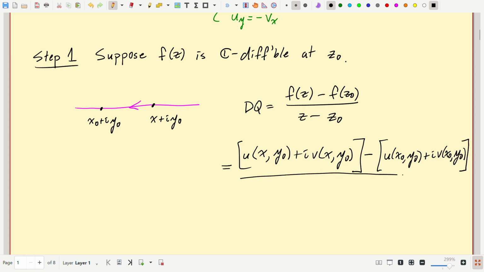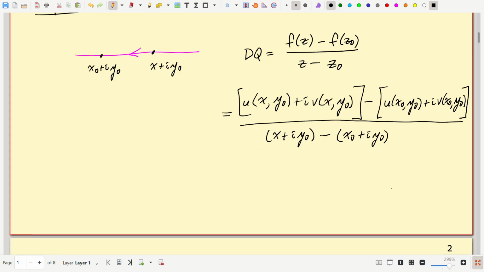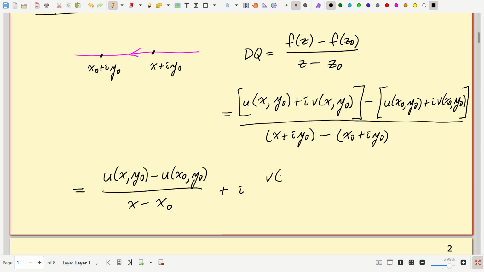And now on the bottom, z is x plus i y naught, and z naught is x naught plus i y naught. Notice that the i y naughts cancel in the denominator. And so I get something pretty simple when I split it into real and imaginary parts. I get u of x y naught minus u of x naught y naught over x minus x naught, plus i times the same kind of difference quotient, which you recognize is the difference quotient for a partial derivative.